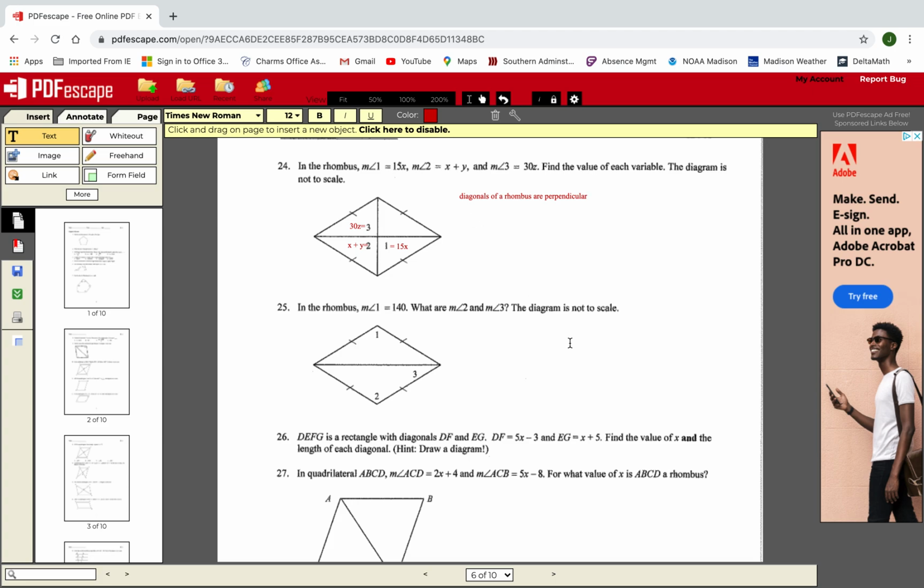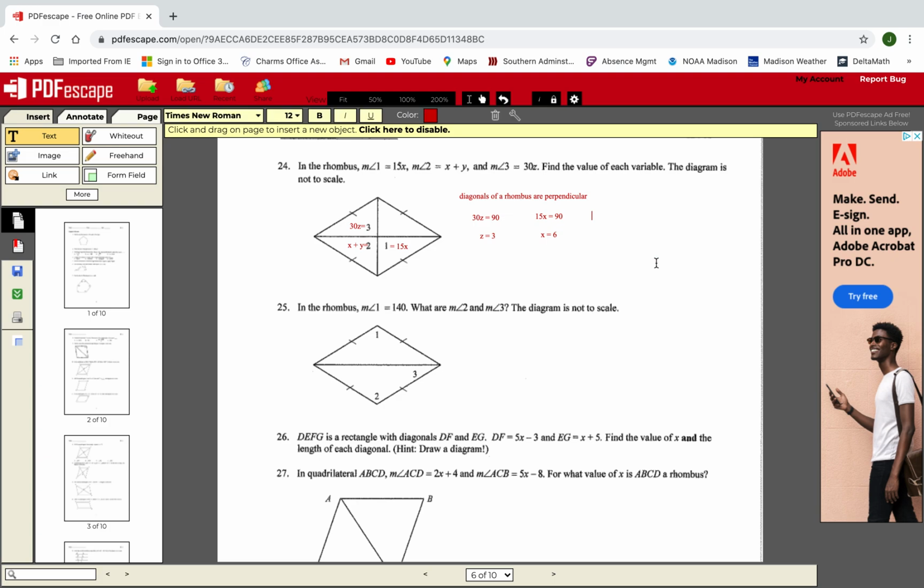So we can set up several equations. 30z equals 90. Because of that, dividing by 30, we know that z equals 3. We know that 15x equals 90. So dividing both sides by 15 tells us that x equals what? 6.